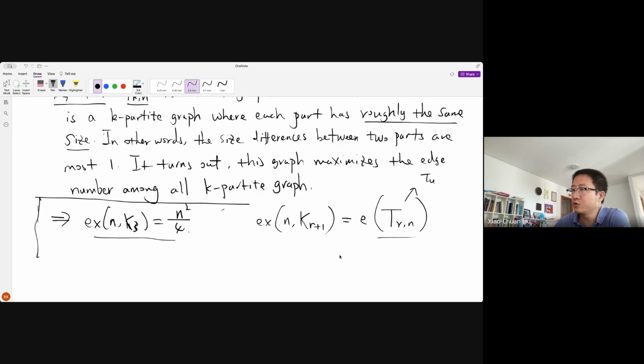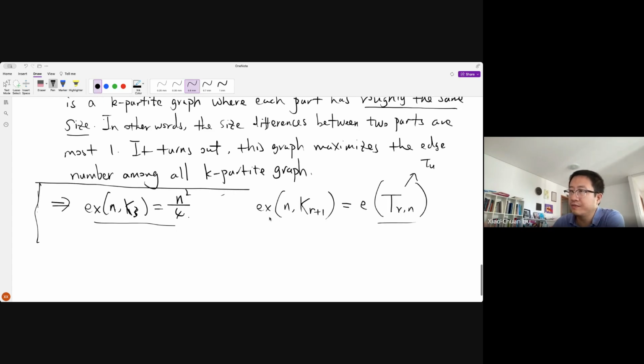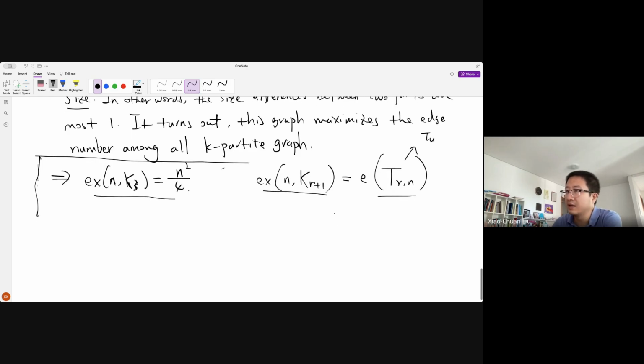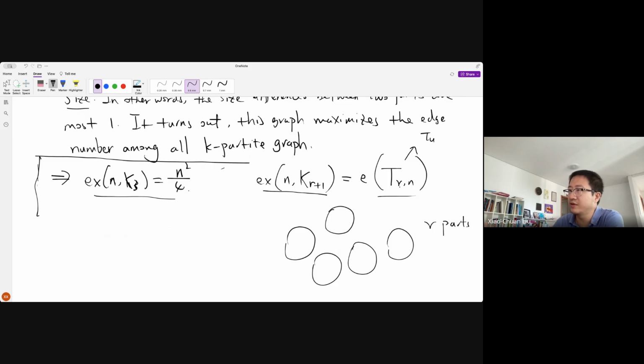So basically you draw r parts with more or less equal size, which is this graph, and you consider this complete r-partite graph. Its edge number is exactly this.